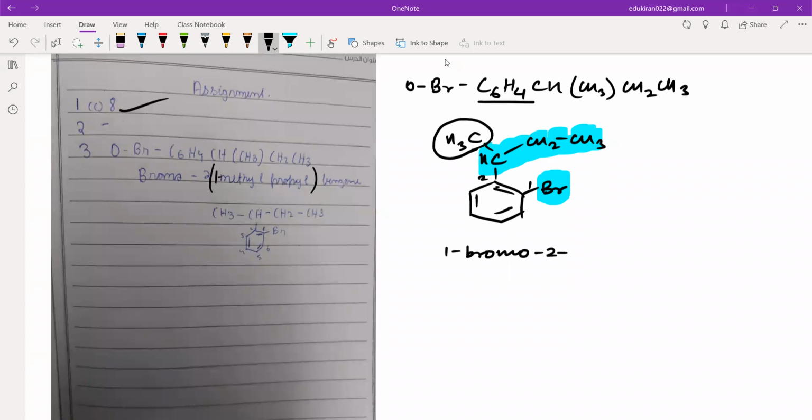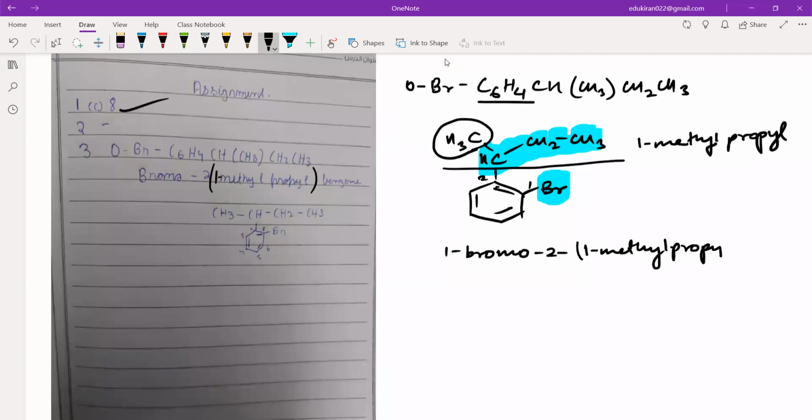Then in the second position, we have this whole thing. It is known as 1-methyl propyl. So in a bracket, I will write 1-methyl propyl benzene. Okay, so this is the name of the compound that was written here.